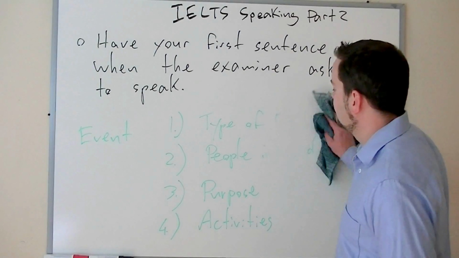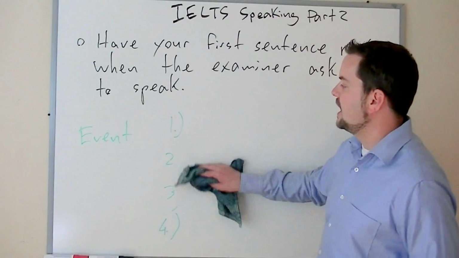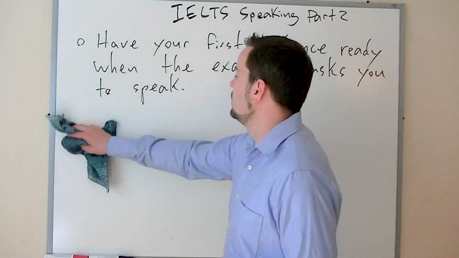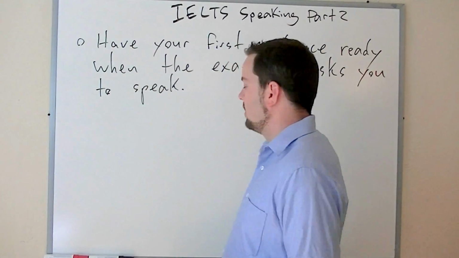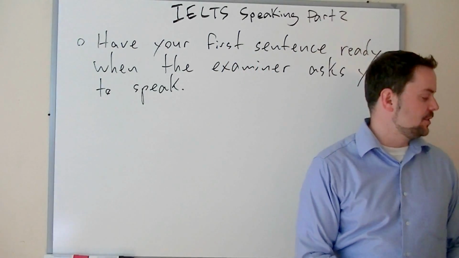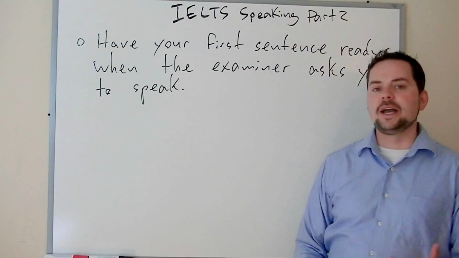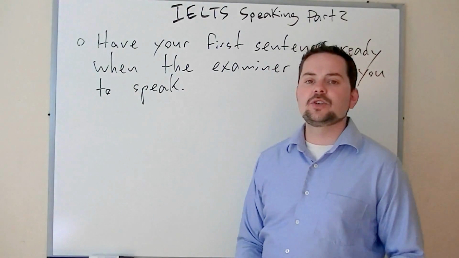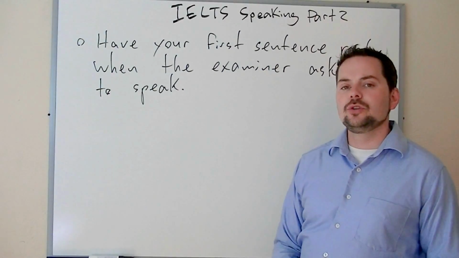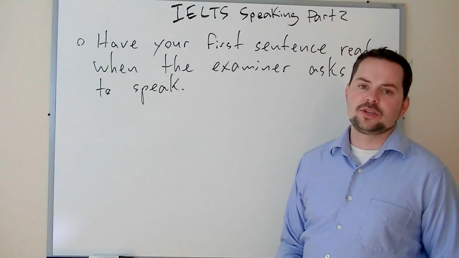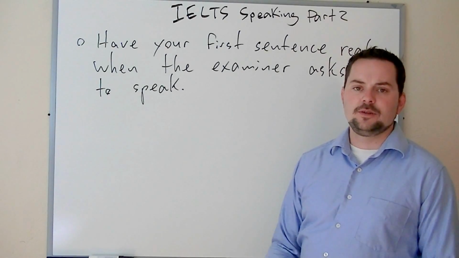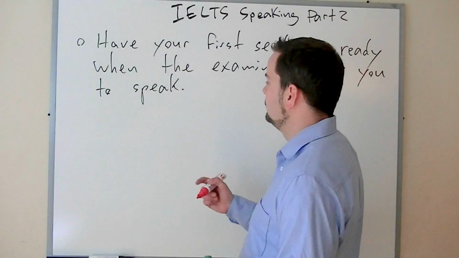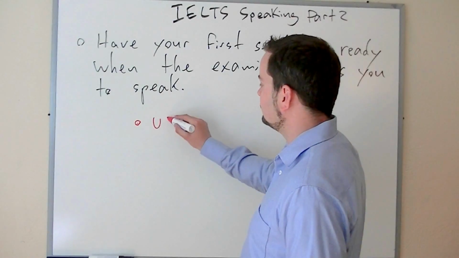Now, one last important step when you're looking at part 2 is always practice your timing. So make sure you know what 90 seconds really is, and always make sure to answer the last question on the card. Usually the last question is, why was this important for you, or what does it mean for you? So just some important notes here.